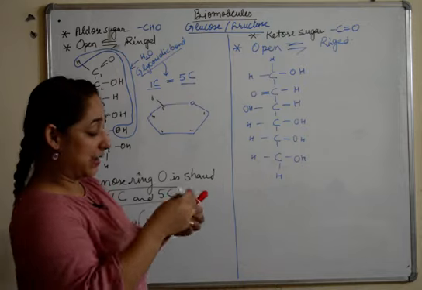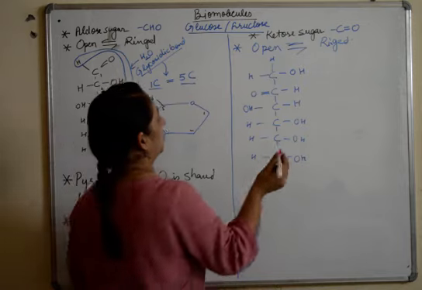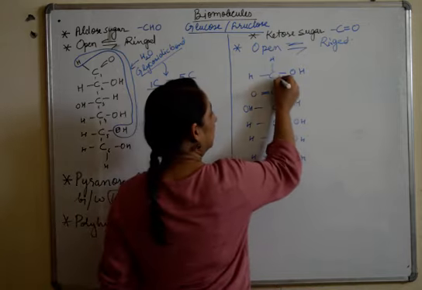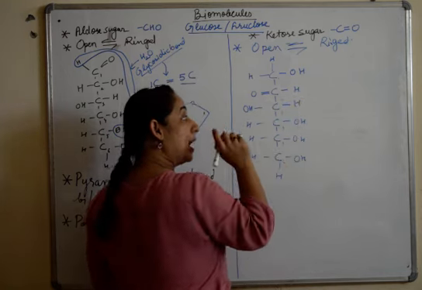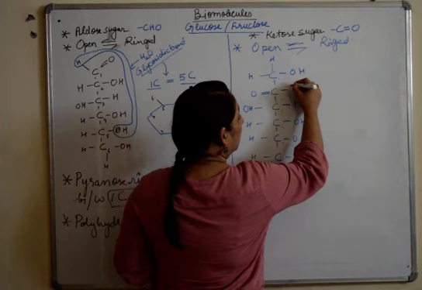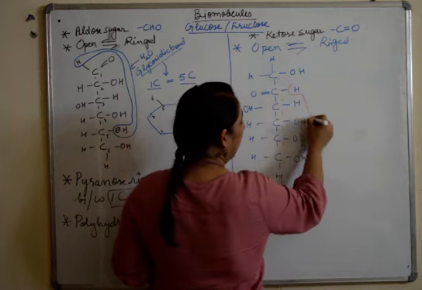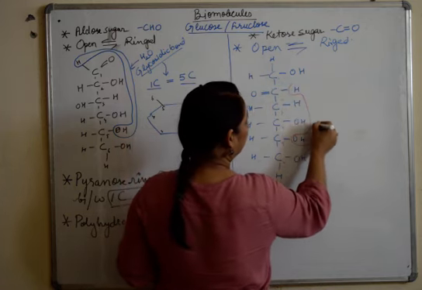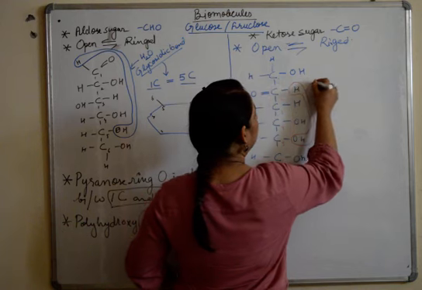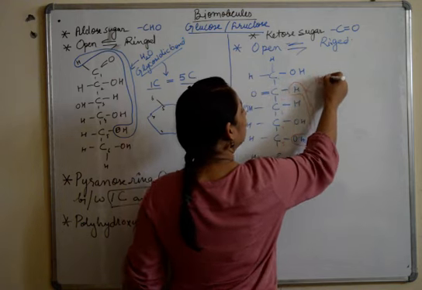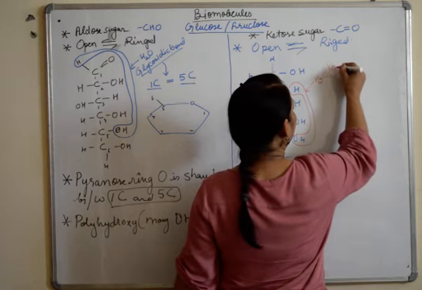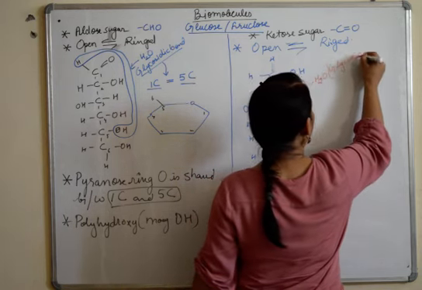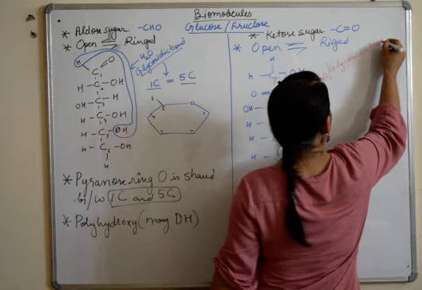Now what happens when we have to make a ringed structure? In the ringed structure, I'll label the carbons 1 2 3 4 5 6. Now the water molecule will be formed between the H of the first carbon and the OH of the fifth carbon, to move out as a water molecule. It is eliminated as a water molecule by forming a glycosidic bond again.